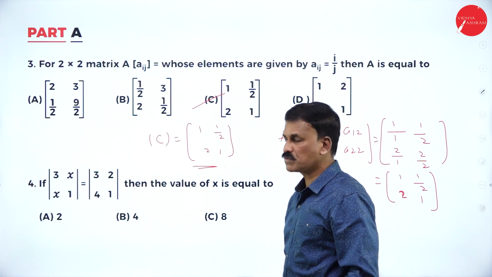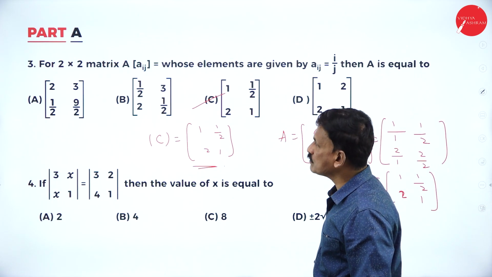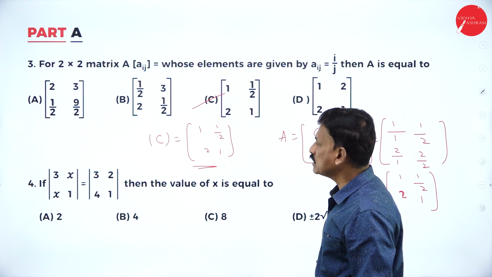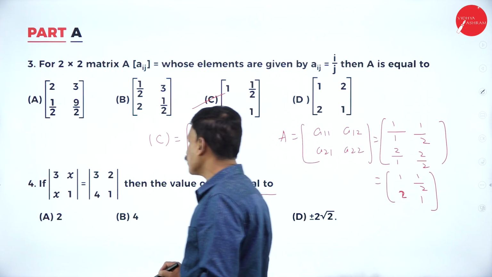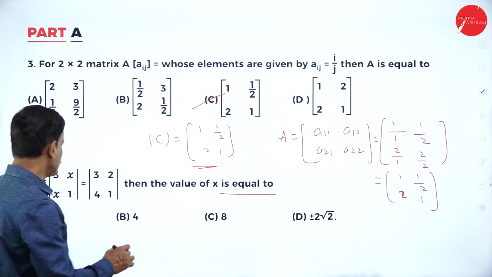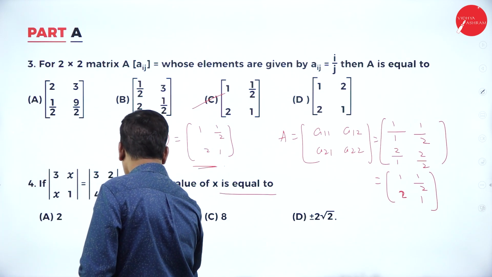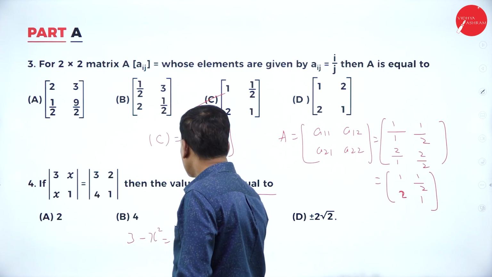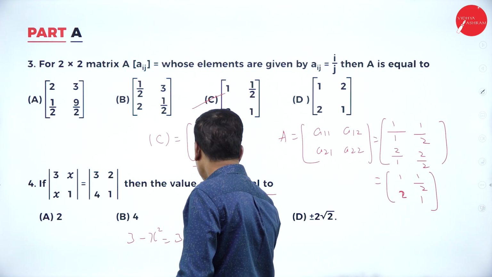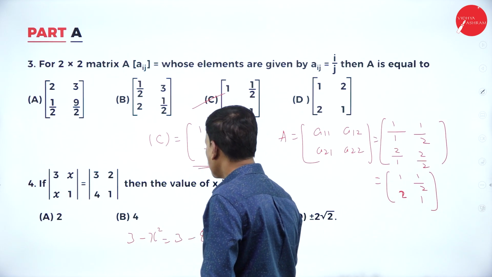Question number 4 is from determinants; 3 was from matrices. The determinant with rows 3x, x and 1, 3, 2, 4, 1... then the value of x is equal to, these are all very important type problems. Now just find out the value of this determinant. 3 into 1 is 3 minus x into x is x square. 3 into 1 is 3 minus 4 into 2 is 8. Just transfer, that's it.